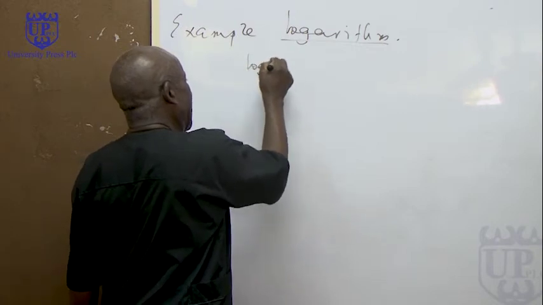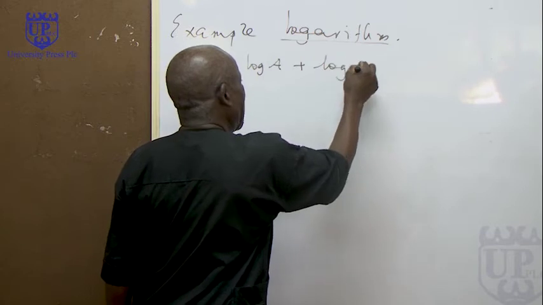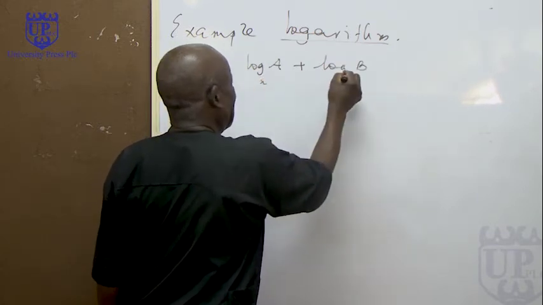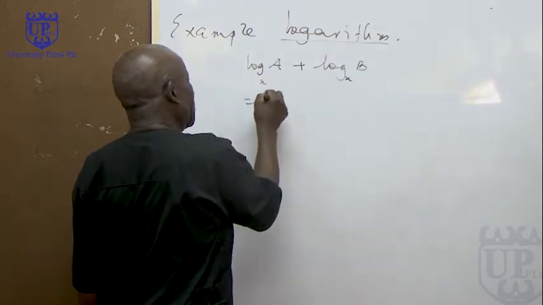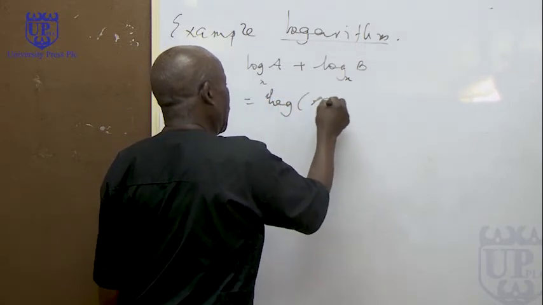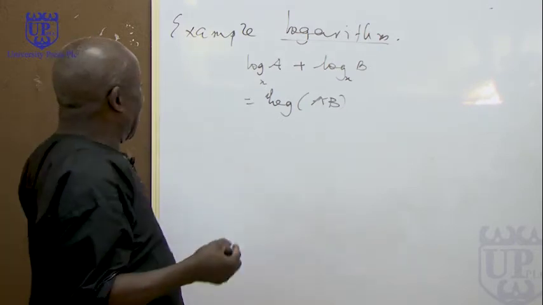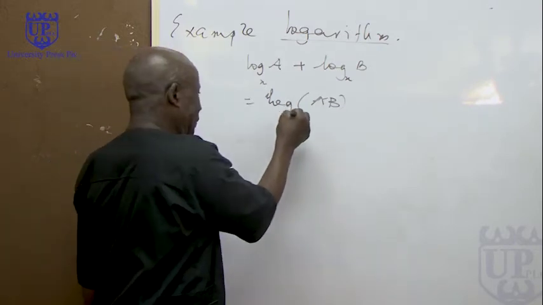Log of a number a plus log of a number b to the same base, let's say base x, is the same thing as log of the product of a and b. I don't want to waste your time on that because our preview is there. Now to base x.